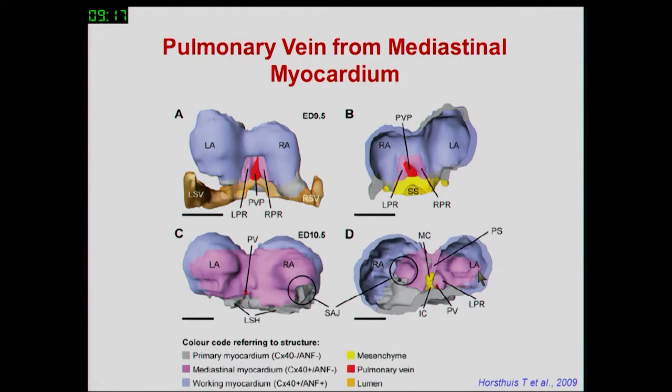Before going to ventricular septation, let's talk about the development of the pulmonary vein briefly. This is the bilateral atrium. The pulmonary vein opens to the left atrium, just left of the atrial septum, in the mediastinal myocardium, developing later than the other part of the atrium.